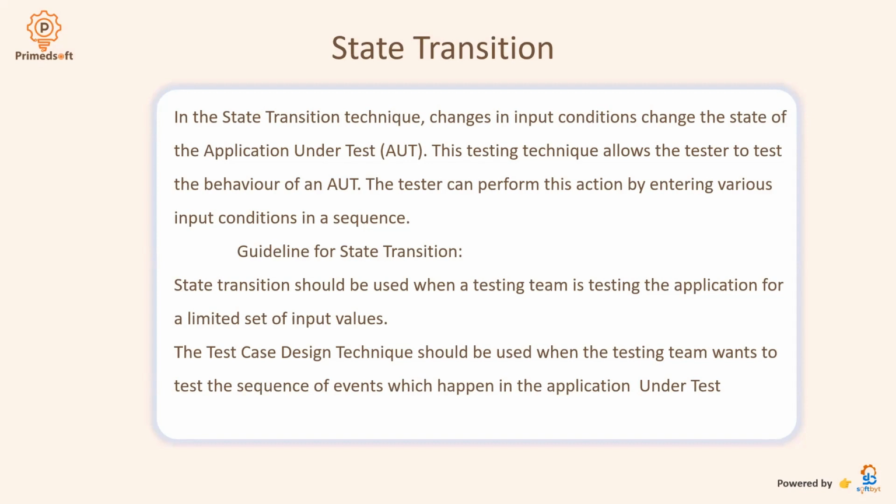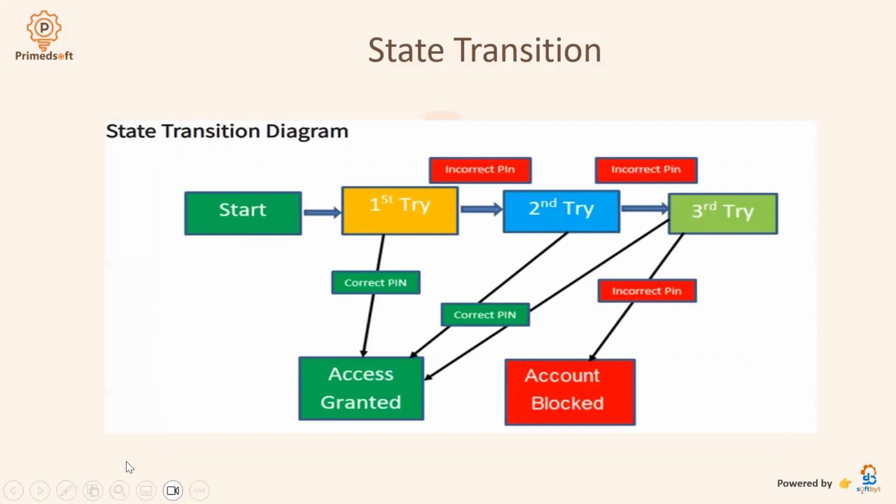So now let's look at this diagram for better understanding, right? Like I said before, let's say your PIN on your phone. The requirement says that if you enter your PIN once and get it correct, you get access to your phone, right?